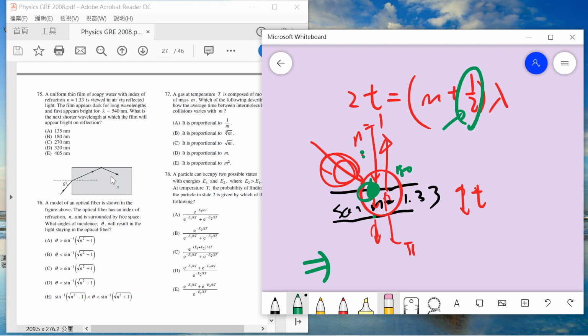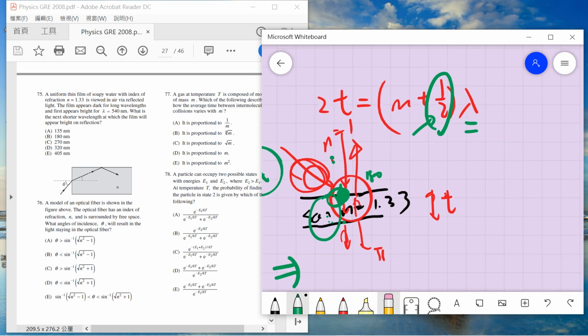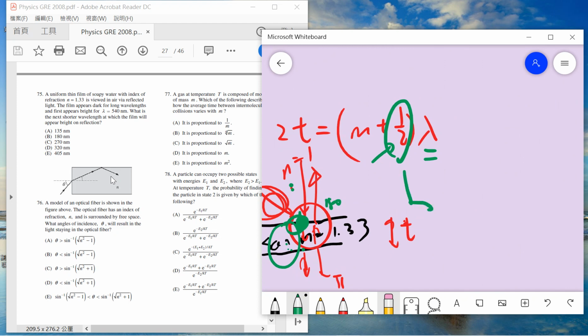So basically this lambda is not the wavelength in the air, but it's the wavelength in the soap. So this lambda should be written as lambda divided by n.